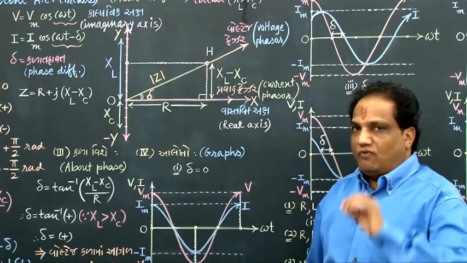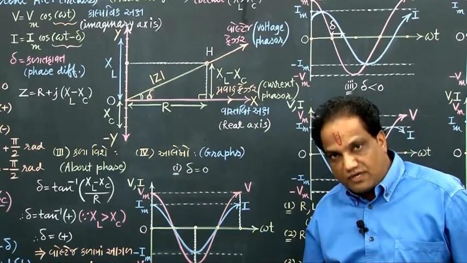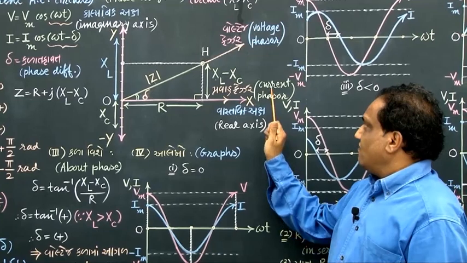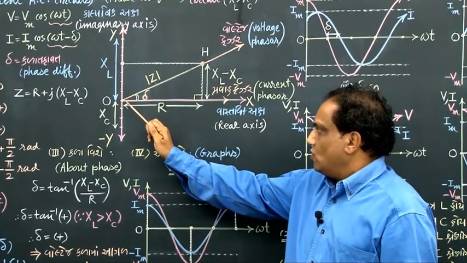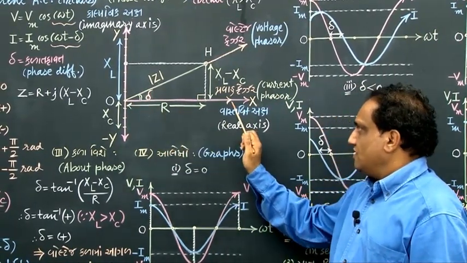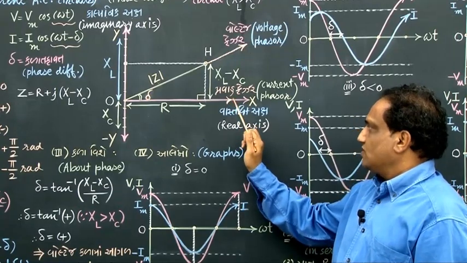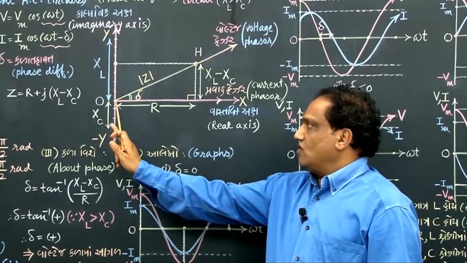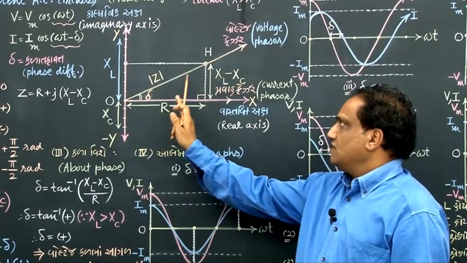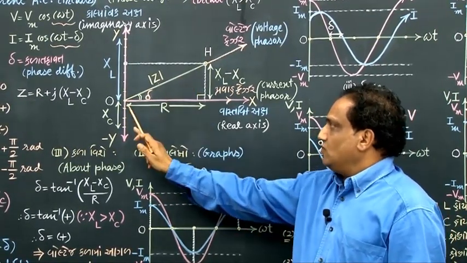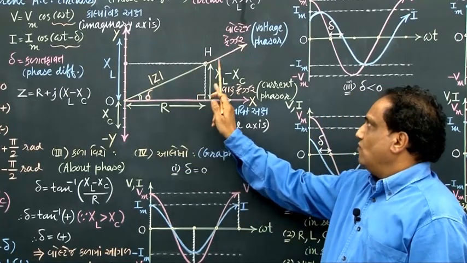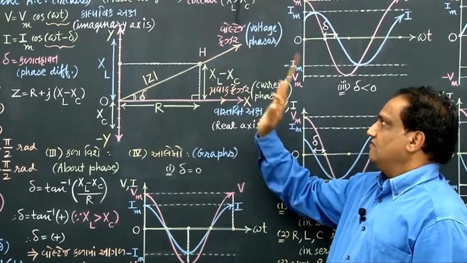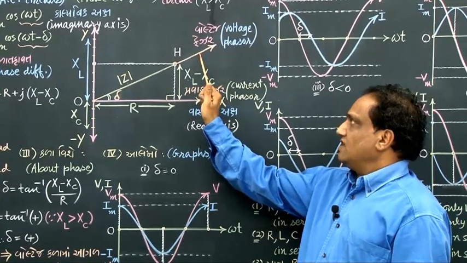For all phase diagrams, remember the current phasor is always to be shown along the positive x-axis. And in the direction of ray OH, you are supposed to draw the voltage phasor.